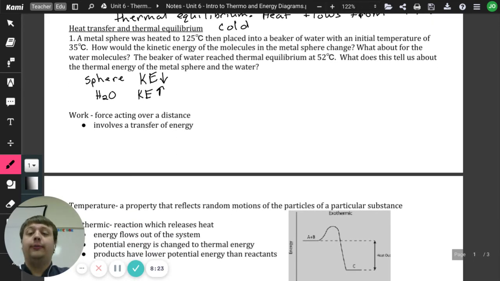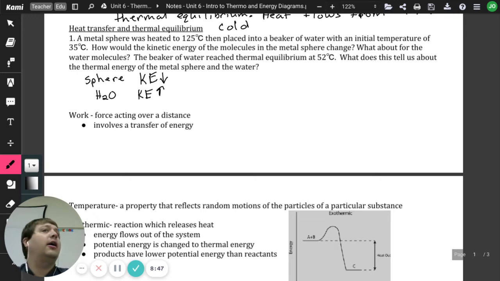So work. Again, we do tend to focus on this when we're in physics, but we do need to know a little bit about work. So I am just going to briefly talk about what work is. Work is going to be the force acting over a distance. And so think about it as like pushing a block up a hill, right? It's going to take some energy to push that over a distance.